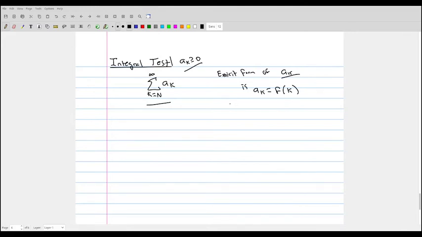So we're going to make a couple of assumptions on this function f. It has to be continuous. It also has to be a positive function because of this condition. And lastly, it has to be a decreasing function.